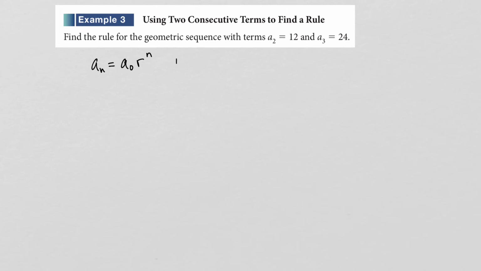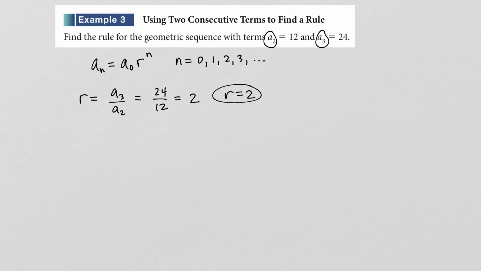That's the rule for the formula, where n is equal to 0, 1, 2, 3, etc. So one thing I can do here is I can find r very easily in this problem because they gave us A2 and A3. So if I just take A3 and divide it by A2, that will give us r. So that would be 24 divided by 12, which is 2. So we know that r equals 2.